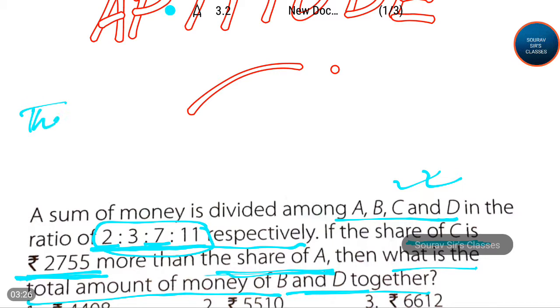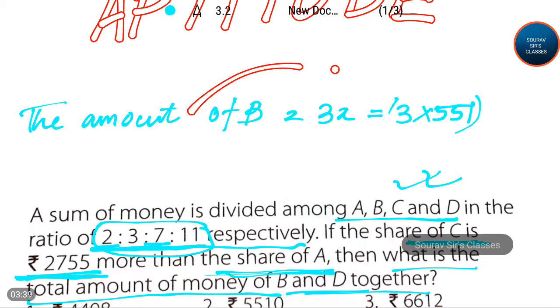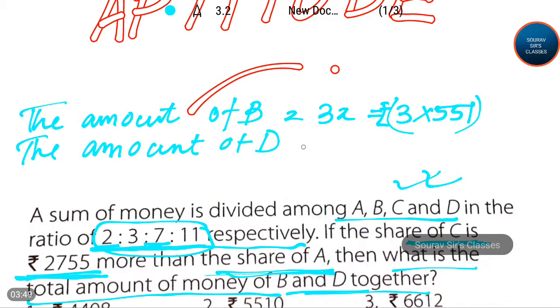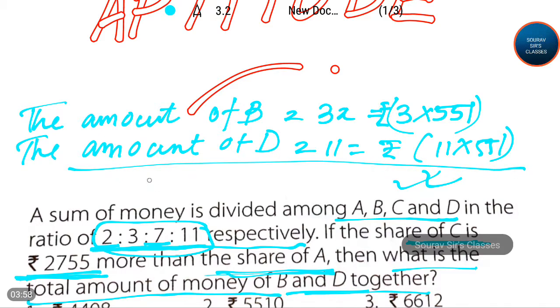So the amount of B is equals to 3x, that is equals to 3 into 551 rupees, and the amount of D is 11x, that is equals to rupees 11 into 551, and together the value is 3 plus 11 into 551, that is equals to rupees 7714.